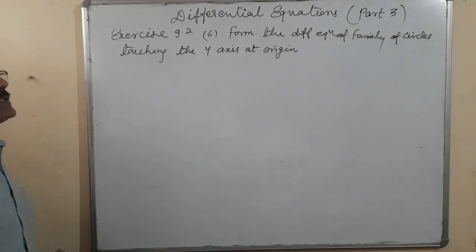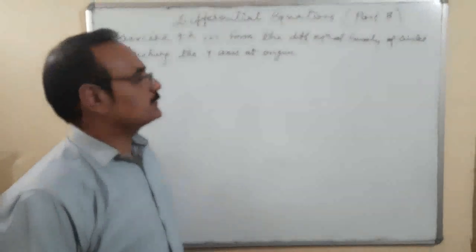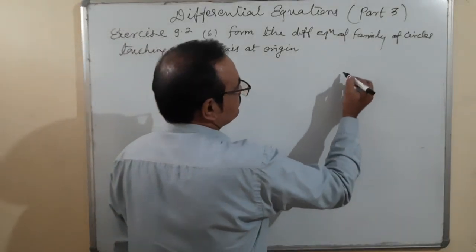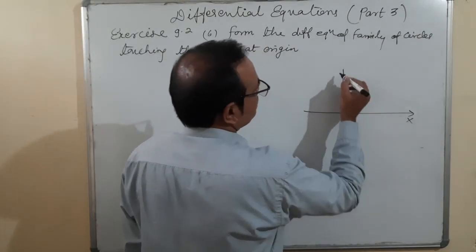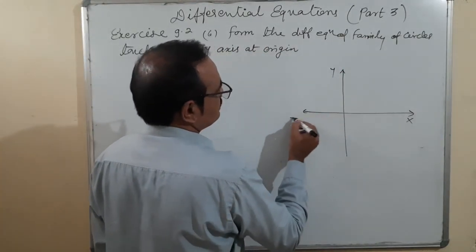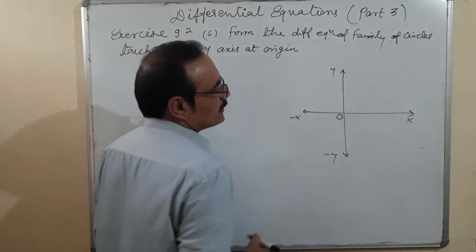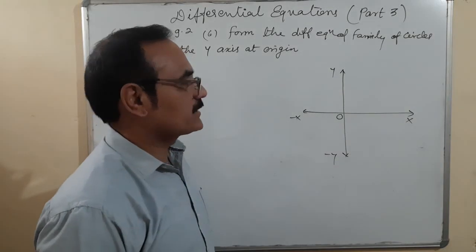Touching the y-axis at origin. Okay. Let us see which type of diagram is there. Form the differential equation of family of circles touching the y-axis at origin. Circle is touching y-axis at origin.